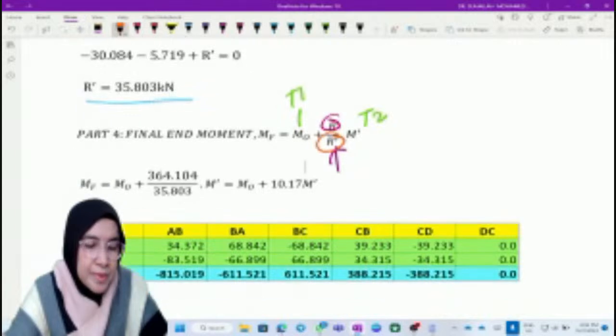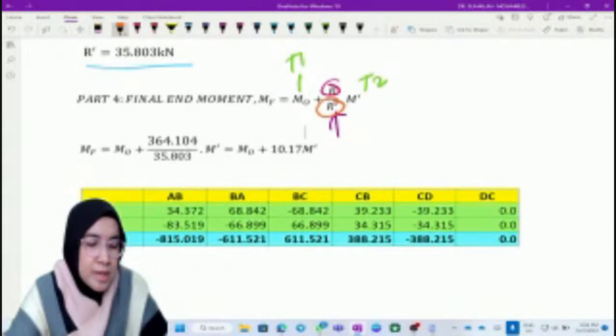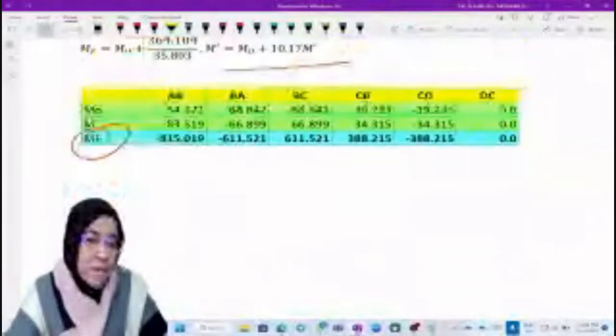So we use this equation, we produce one equation, the correction for the external moment. Okay, the total member end moment.